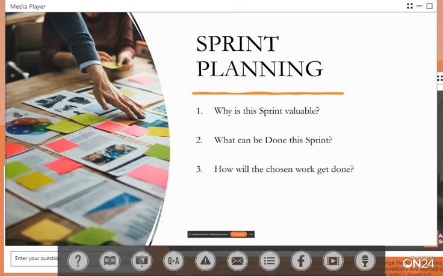And then the last thing is, how is the work actually going to get done? I think this is a really big question because, again, we're all busy. So how is the work going to get done if we all have so much on our plate? This is a question that's meant to prompt, does your calendar need to get cleared?